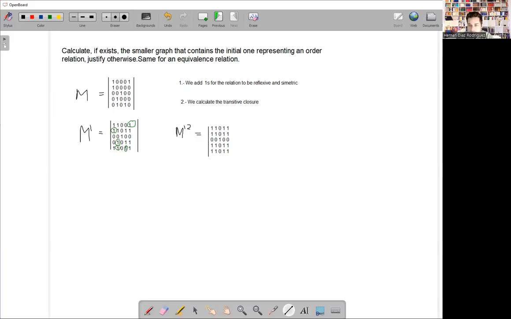So in this case, this matrix is also equal to the matrix of third order, to the matrix of fourth order, to the matrix of fifth order, and to the transitive closure.